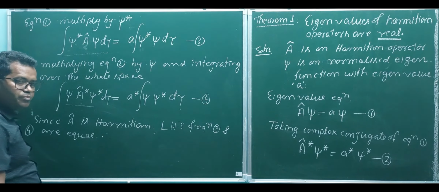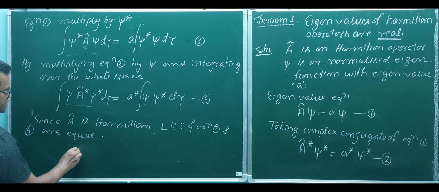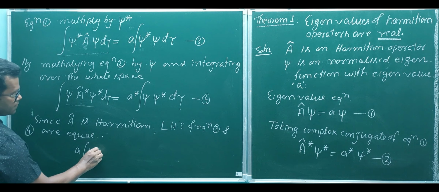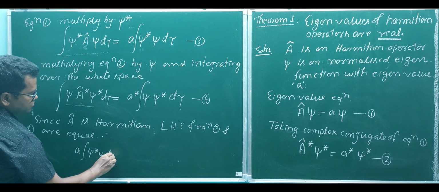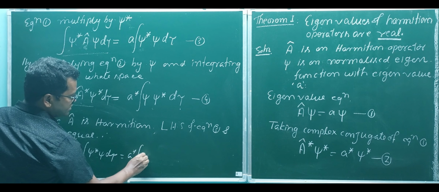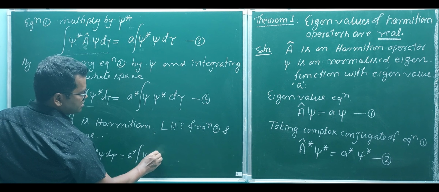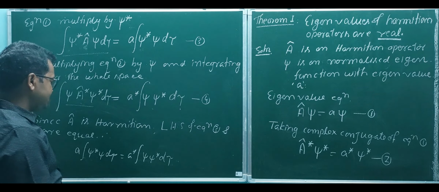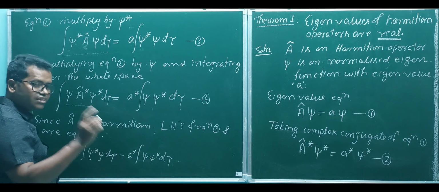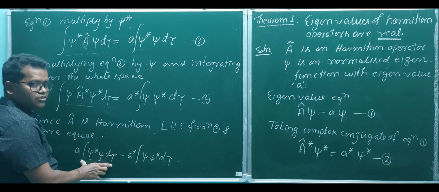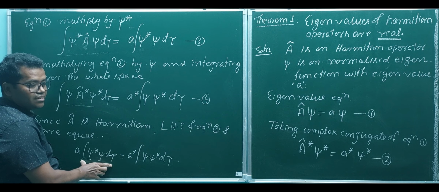Therefore the right hand side should be equal, so we can write A integral psi star psi d tau equal to A star integral psi star psi d tau. Now you see, since psi is normalized, this integral should be equal to 1.